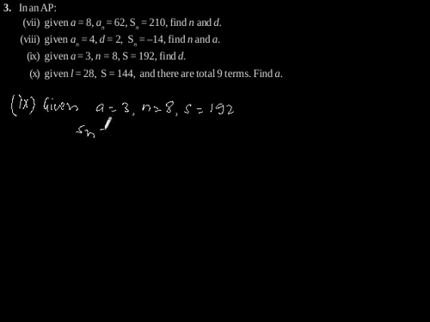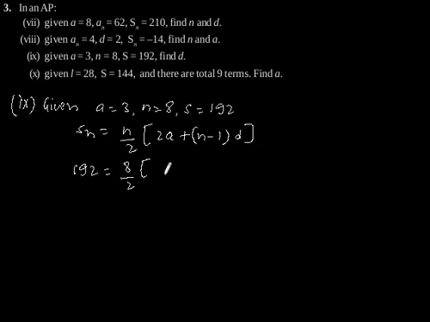Now as we know, Sn is equal to n by 2 under bracket 2a plus n minus 1 into d. Putting the value, Sn is 192 is equal to 8 by 2 under bracket 2 into 3 plus 8 minus 1 into d.